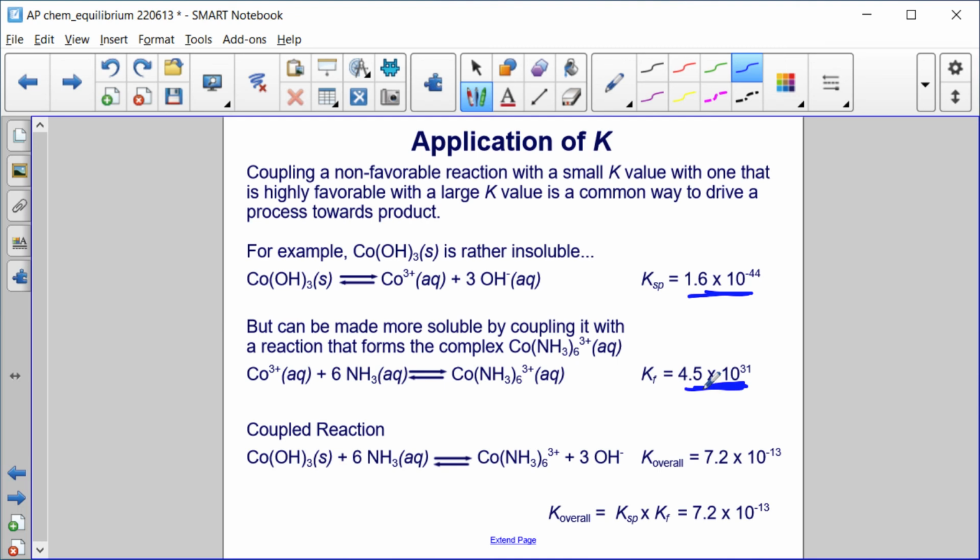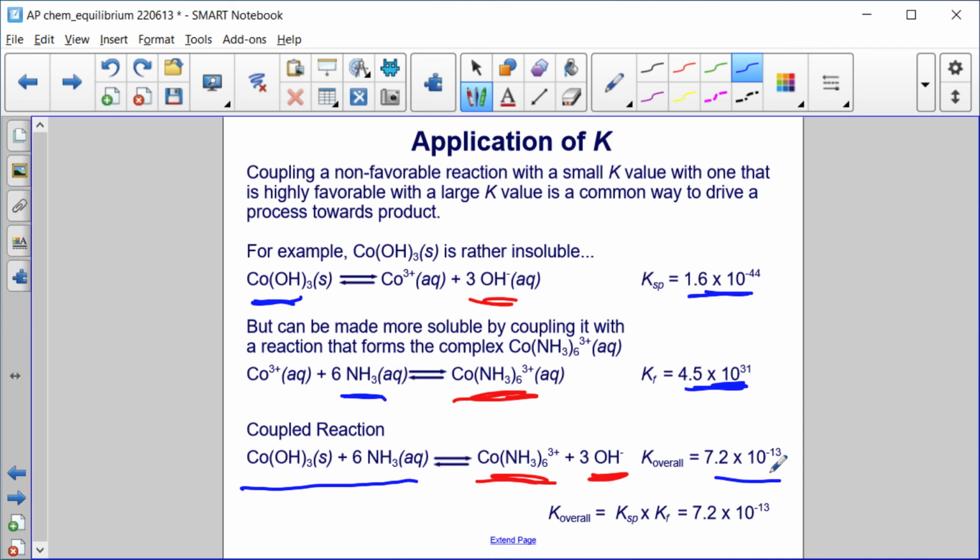So if I couple the two reactions together, what I'm left with here, Co(OH)3 solid plus 6 NH3 are our reactants, and 3 OH minus and the complex Co(NH3)6 3+ are our products, and the overall K for the two coupled reactions is 7.2 times 10 to the minus 13.